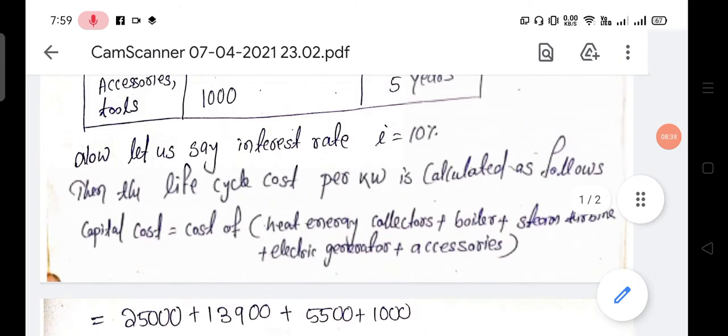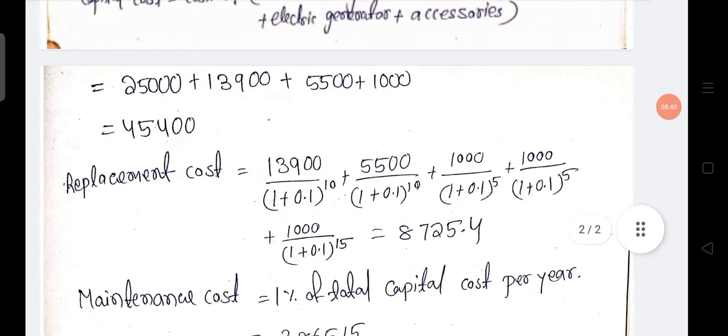Here, Sn is the future amount. We want this amount to replace after 10 years. So we convert that future worth into present worth: 1 plus 0.1 to the power 10.